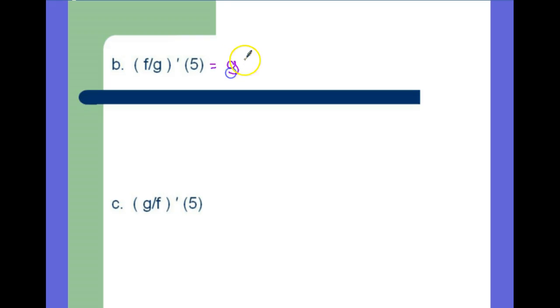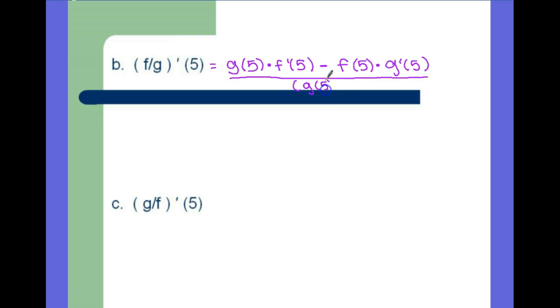So it'd be g of 5 times f prime of 5, minus f of 5 times g prime of 5, all over g of 5 squared.